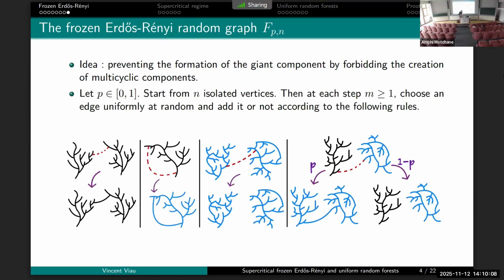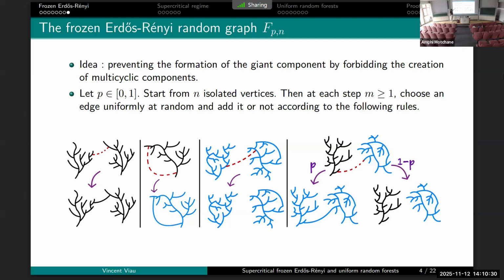Okay, and how do we do this? We fix a parameter p between 0 and 1. And like before, we start with isolated vertices. And again, we choose edges uniformly and independently, but we follow some rules to decide if we add the edge or not to the graph. And the rules are the following.